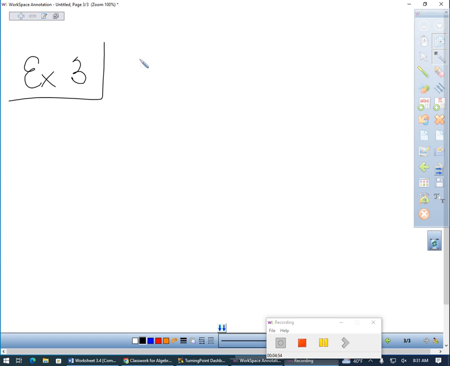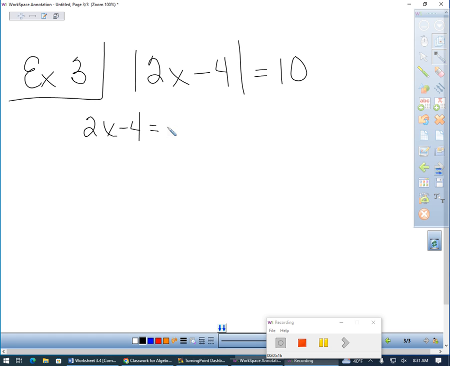Let's say I have the absolute value of 2x minus 4 is equal to 10. Again, that absolute value is all by itself, so we can break it into two equations. So we have 2x minus 4 equals what? Negative 10.